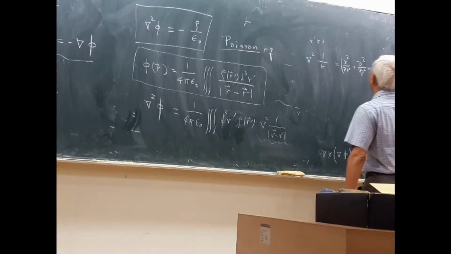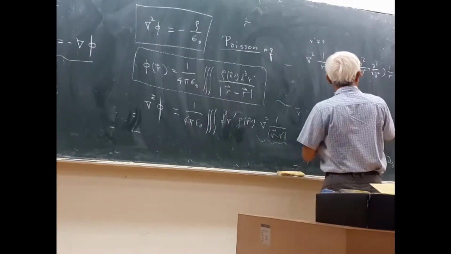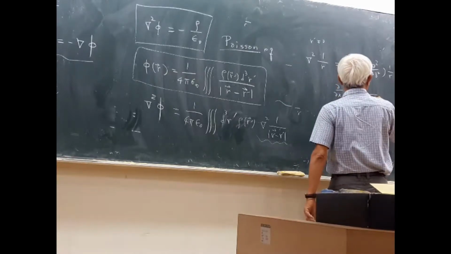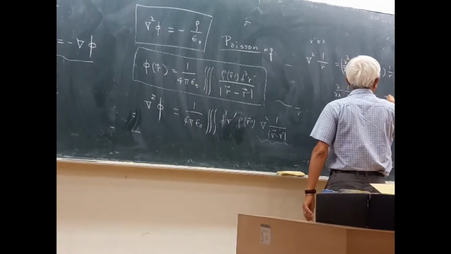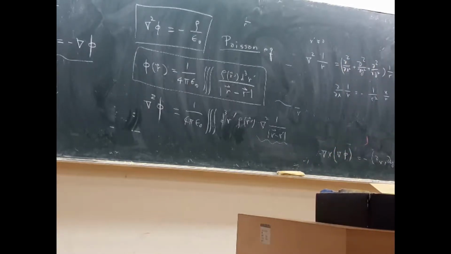One over r. Okay. Minus r squared, and then r over x, right? Notice that, so it's minus r³x. So 1 over r equal to, first you differentiate with respect to x.